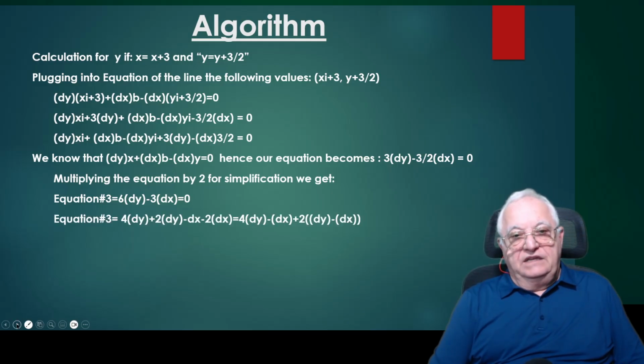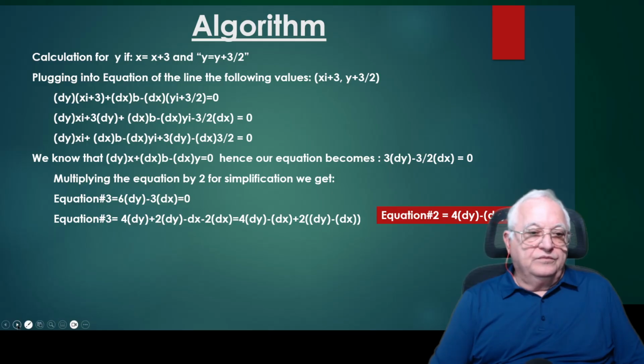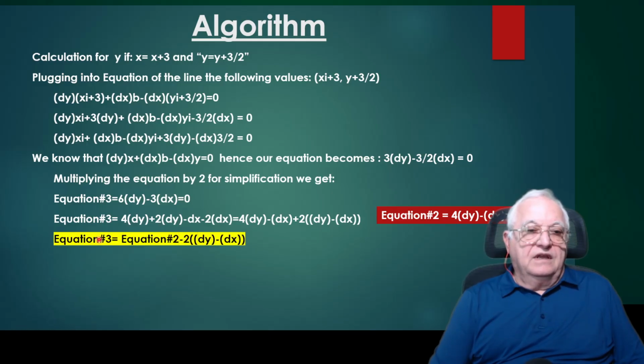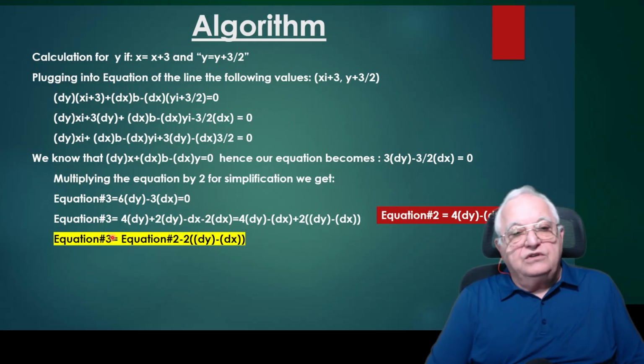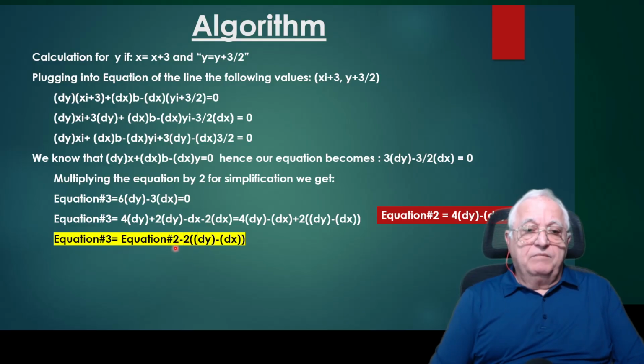Then we expand this, and we realize that a portion of this equation is actually equation 2, which is 4 dy minus dx. So this whole portion is really equation 2. What we end up with from this is that the new equation, when we change x and y, is going to be equal to equation 2, or the equation that was developed previously, plus or minus 2 dy dx.